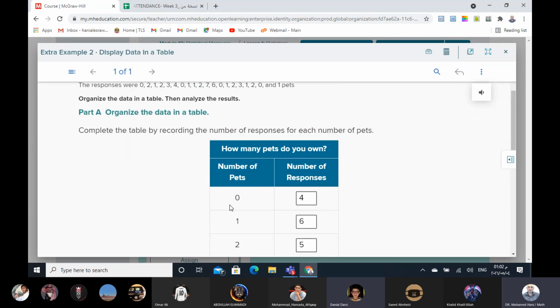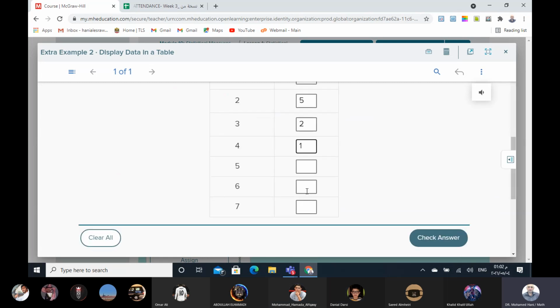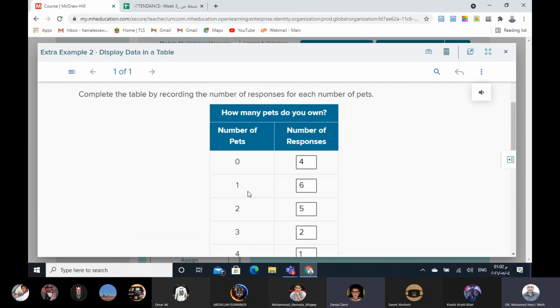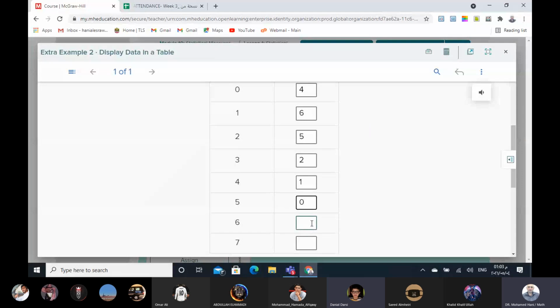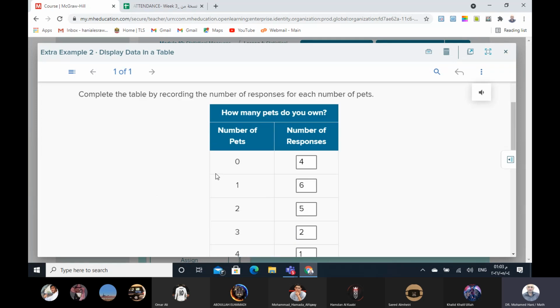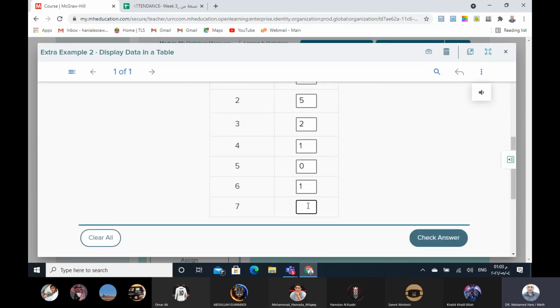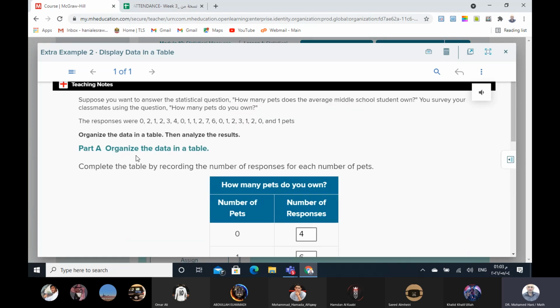And how many 5s? 0. Now, how many 6s? Just 1. How many 7s? Just 1. So this is the meaning of what? Organize the data.